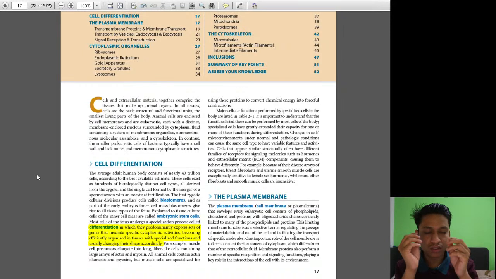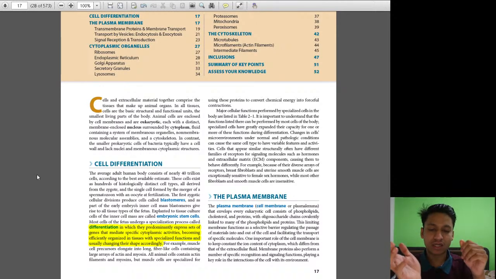Some cells of the fetus undergo a specialized process called differentiation. What is this specialized process? It is one in which they predominantly express sets of genes that mediate specific cytoplasmic activities, becoming efficiently organized in tissues with specialized functions and usually changing their shape accordingly.